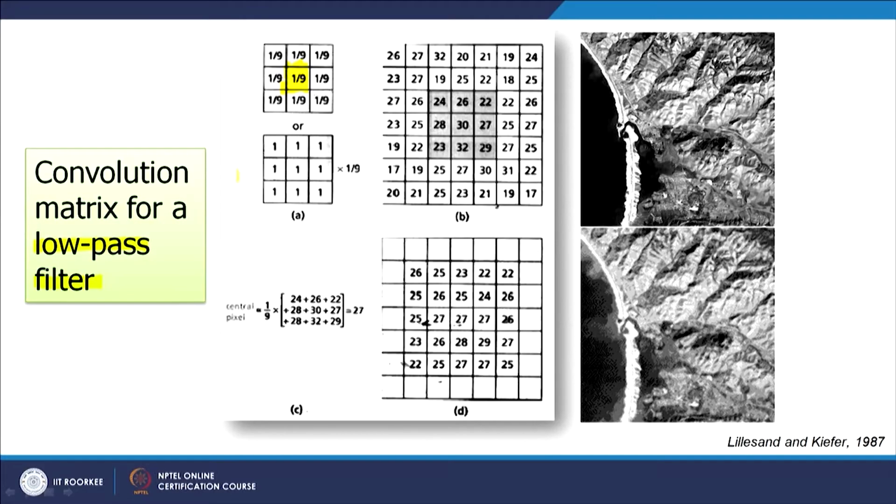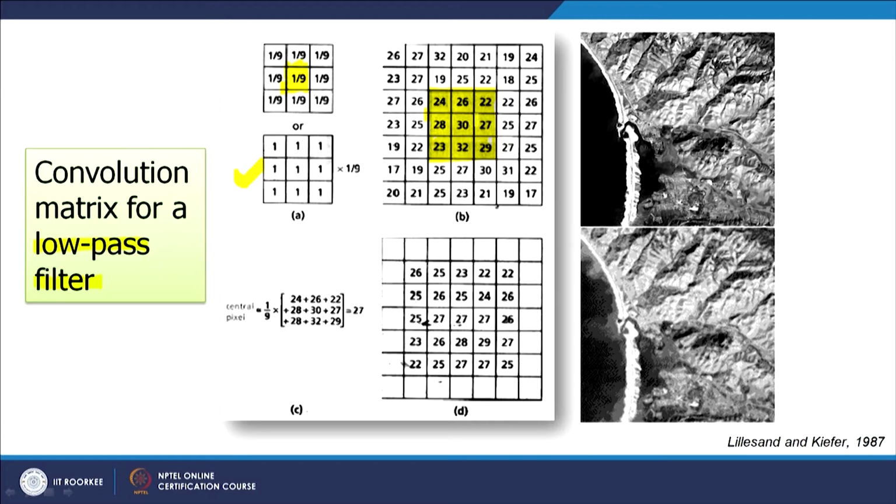If I take a simpler example, the second one, which has one value in all cells of this spatial filter, then the corresponding image cell values are multiplied with the cell values in the filter. Here in our case, all cell values are 1. So, 24 multiplied by 1, 26 multiplied by 1, and likewise, and then the total is divided by 9.